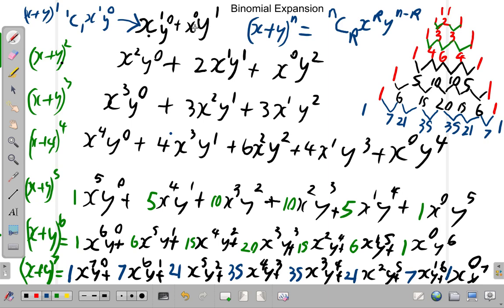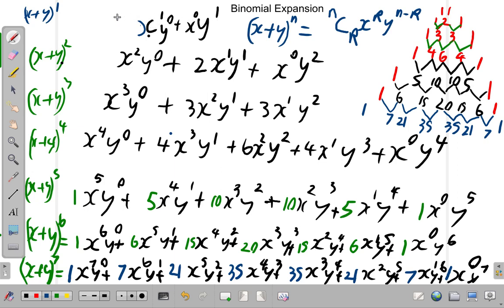What about the second term, the one right here? In this case, what you'll have is this. Let me just erase this and rewrite it over again. Should be an x here. Now, here you have x to the 0, y to the 1.